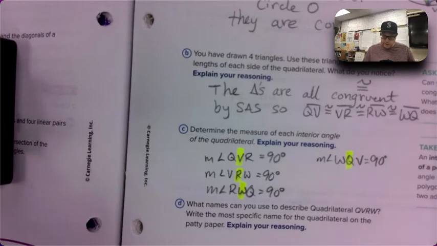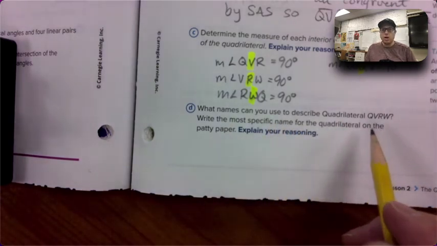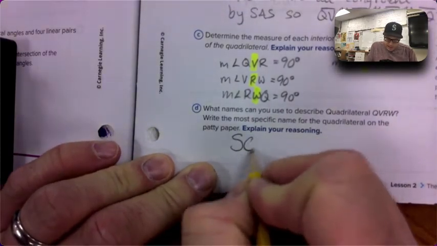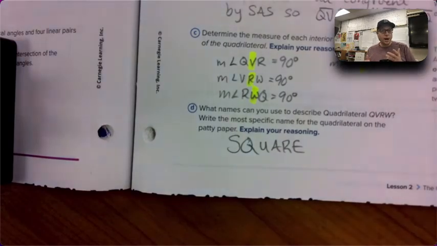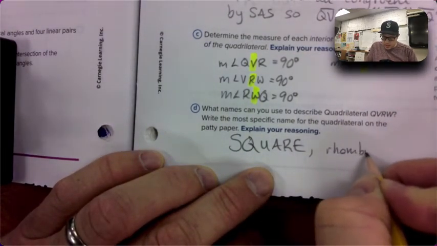If the sides are the same, if the angles are the same and they're 90, then what name can you use to describe this quadrilateral? The most specific name for this is a square. But a square is a special type of rhombus because all of the sides are the same.